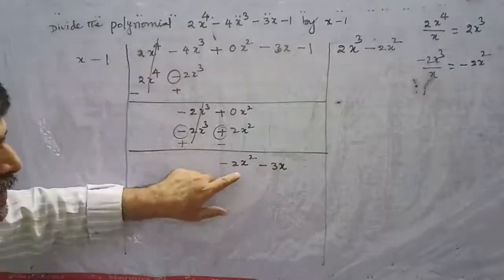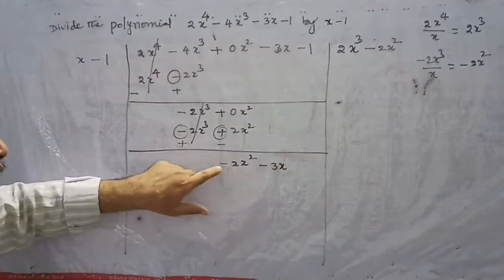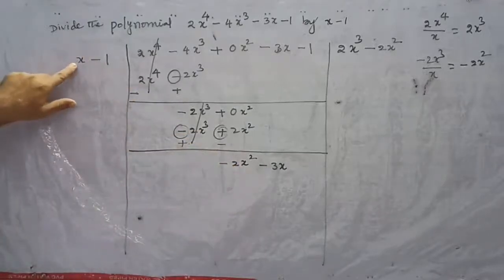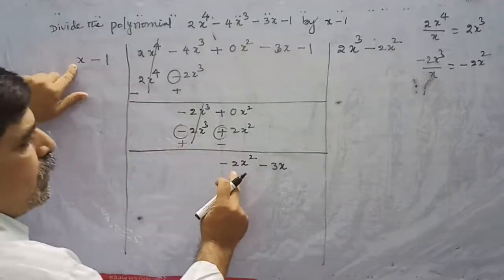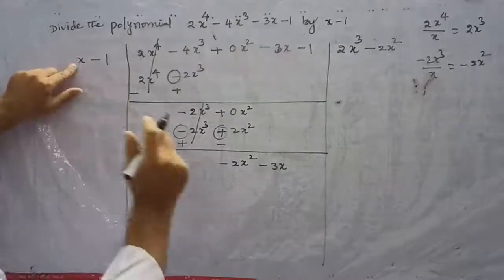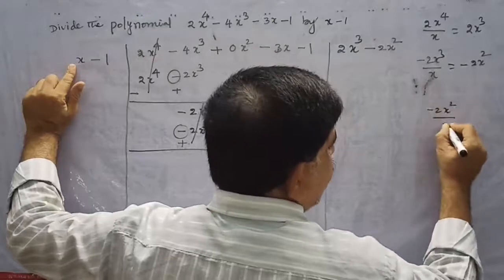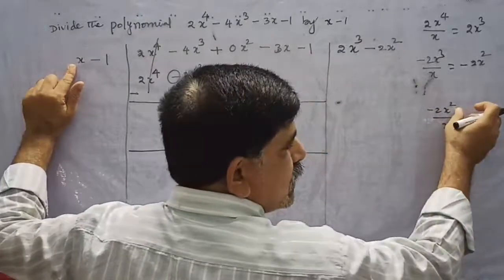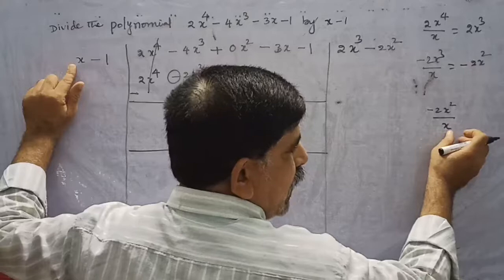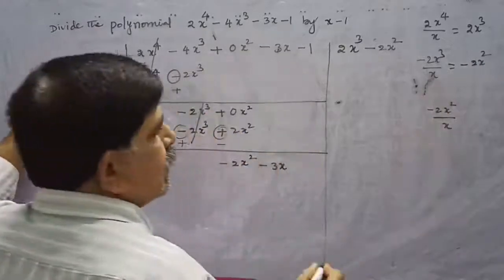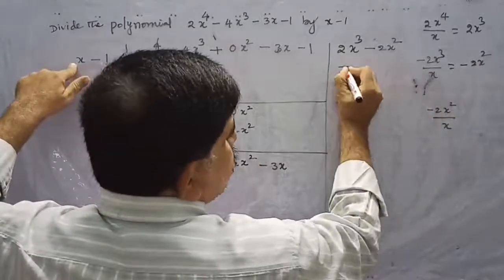Again, now this is the dividend. The first term of this dividend divided by the first term of the divisor. Now, minus 2x square by x. 2x terms are there, denominator 1 x. Therefore, the remainder is minus 2x, only a single x term.